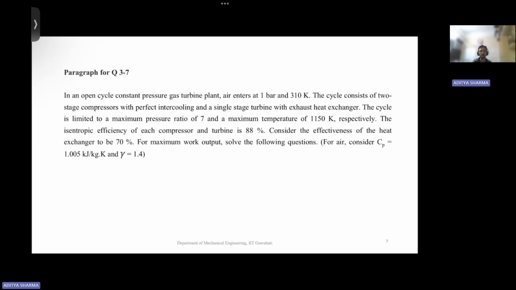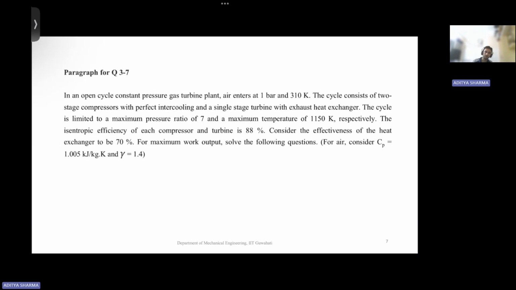So in an open cycle constant pressure gas turbine plant, so the gas turbine is open cycle. So gas exiting the turbine will not again somehow come back to compressor. So same working fluid will not keep on moving in this cycle.